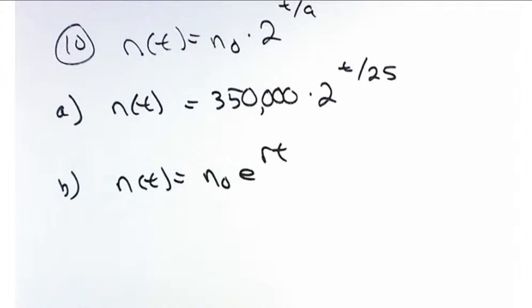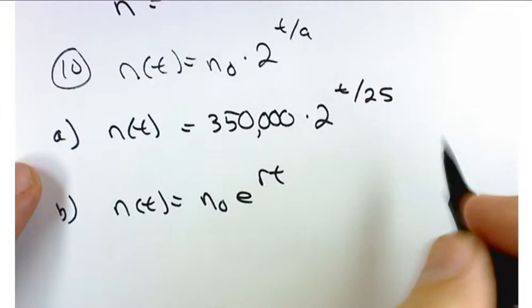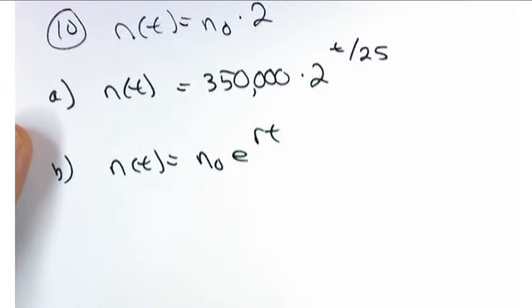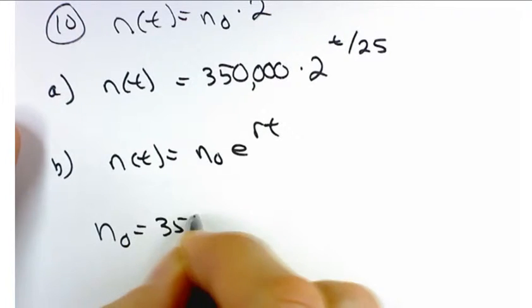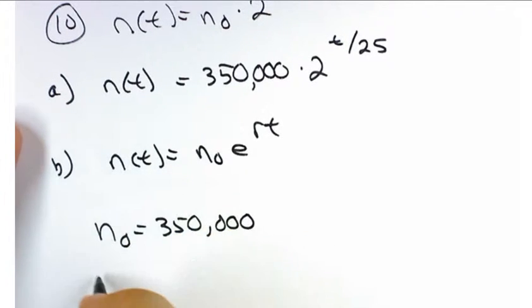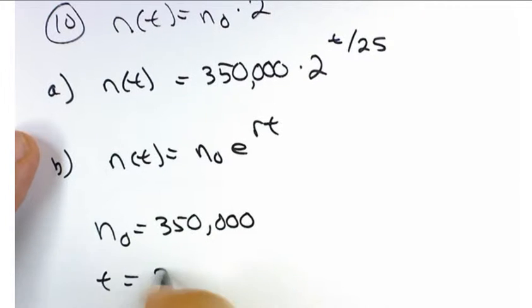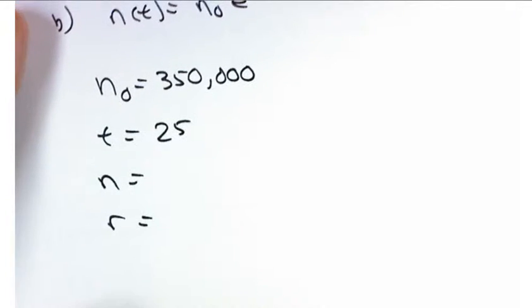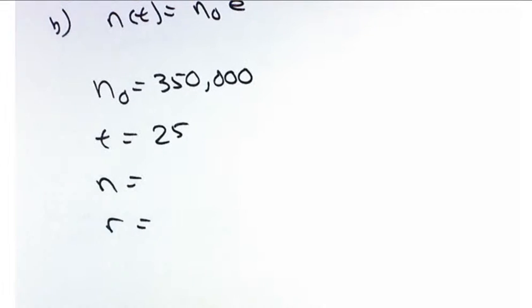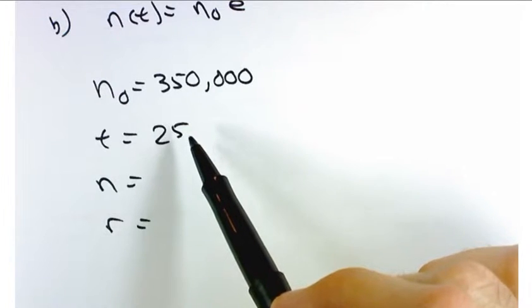We do know a little bit, and that is that the doubling time is 25 years. So let's think about this. N sub 0 is 350,000. T is 25. N and R. Well, I claim that we kind of know N here. If the doubling time is 25 years, if I put 25 into this formula, what should I end up with?